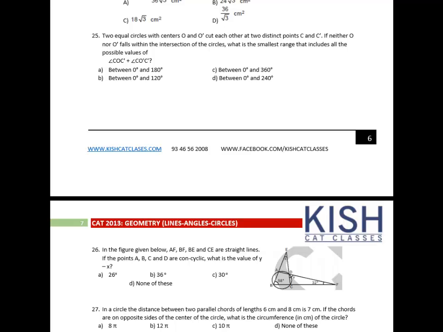If neither of O and O dash falls within the intersection of the circles, then what is the smallest range that includes all the possible values of angle CO C dash, angle C O dash C dash? Two equal circles, it means the same, right?